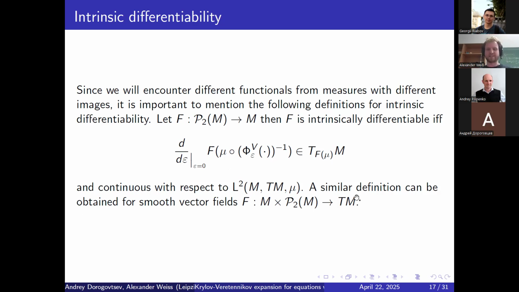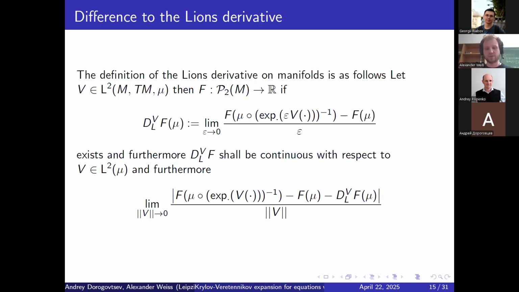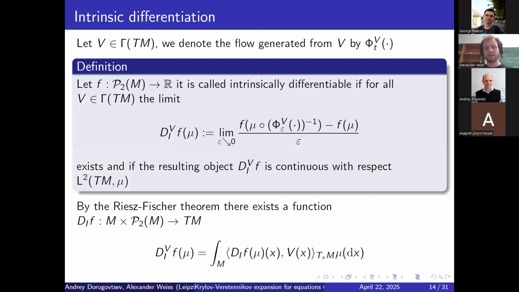A similar definition can also be deduced for actual vector fields that we will have to look at, which map from M times the Wasserstein space into the tangent bundle. But as an introductory example, this definition should always be kept in mind.